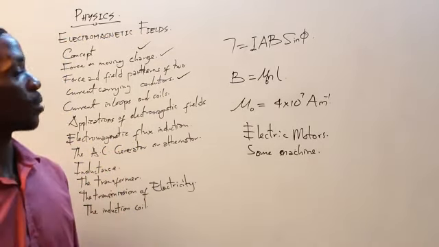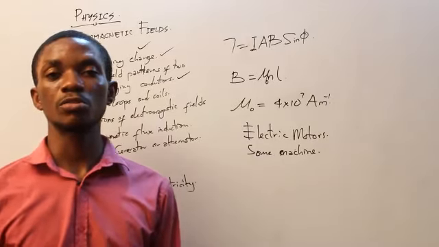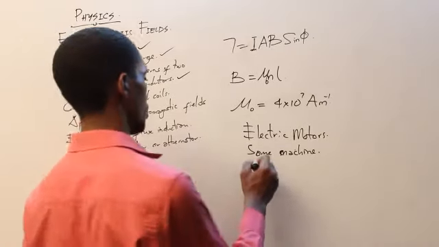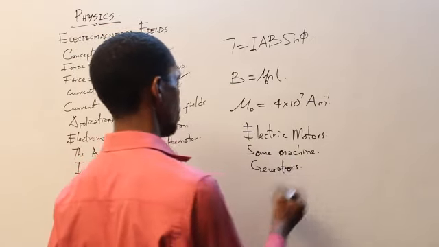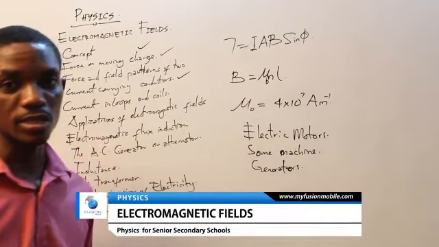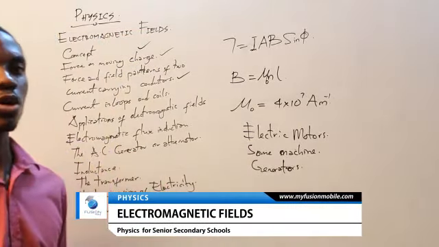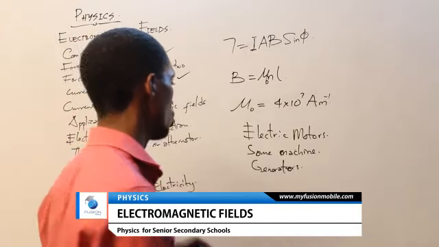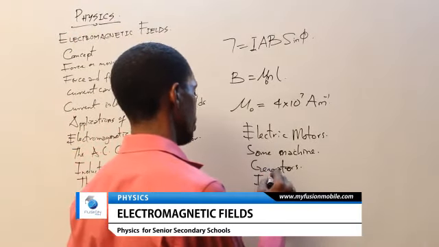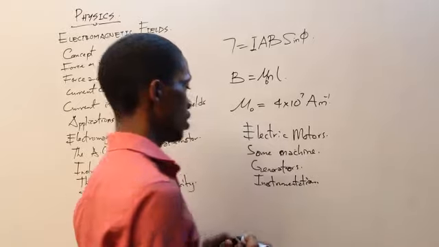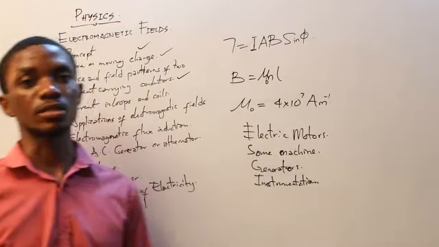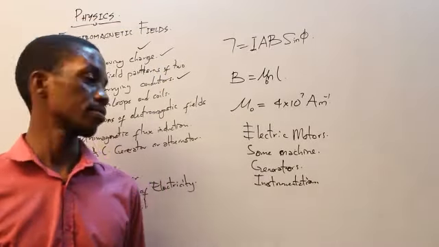Also in the production of our generators, electricity generators, we use electromagnetic fields. Also in the making of some apparatus, instruments, that's called instrumentation. In making some instruments, the knowledge of our electromagnetic field finds application.